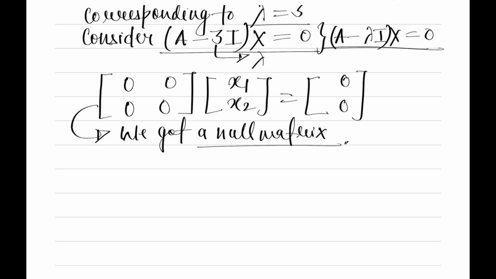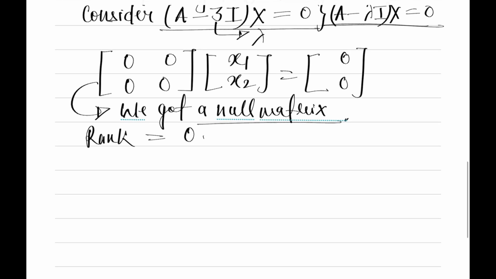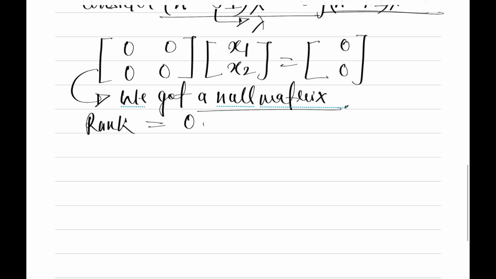This is a null matrix, so the rank of the null matrix will be 0, and here in this problem, the number of variables, which is x1 and x2, is equal to 2.